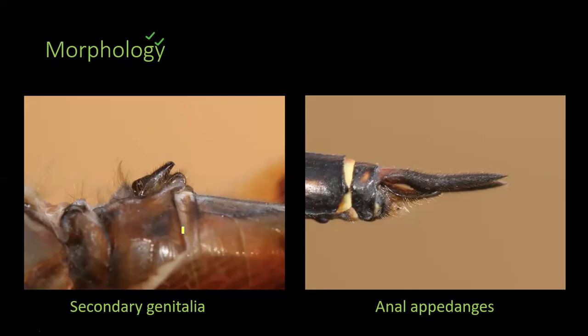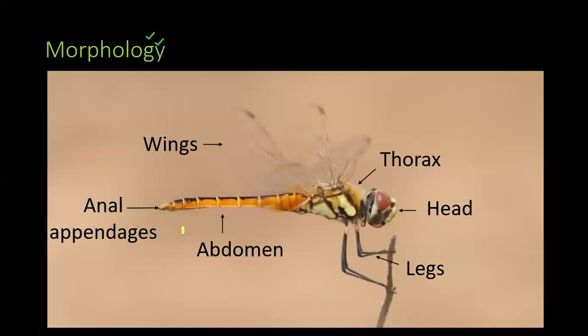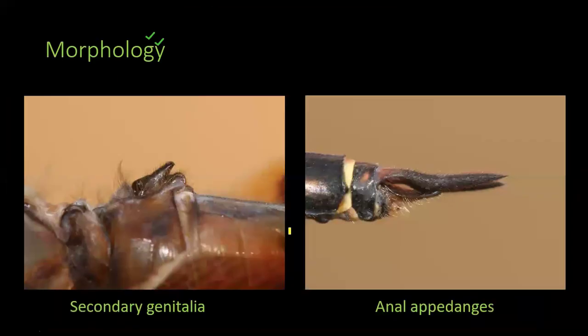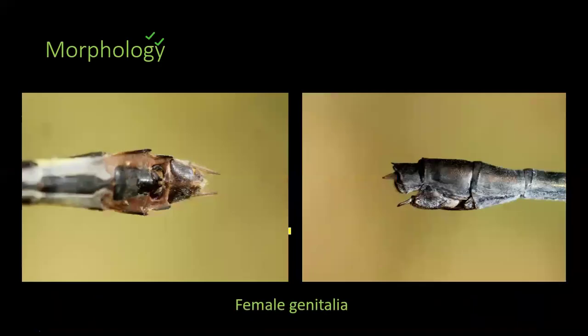Right. This is when you look at the general morphology. This is the base of the abdomen, where you can see the secondary genitalia. And when it comes to the female reproductive structures, they have a specifically developed organ to lay their eggs. They don't have anything similar to a secondary genitalia or a structurally developed anal appendage.